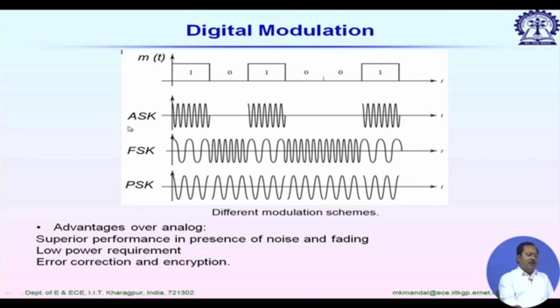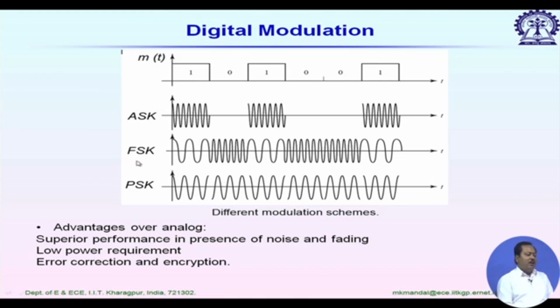The first one is amplitude shift keying, or ASK, where one state represents when the signal is present, and the 0 state we represent when there is no signal. So, we have a bit stream here given by 1 0 1 0 0 1, and now we are modulating it and representing it in ASK.